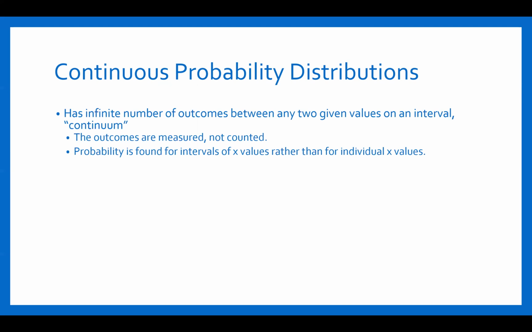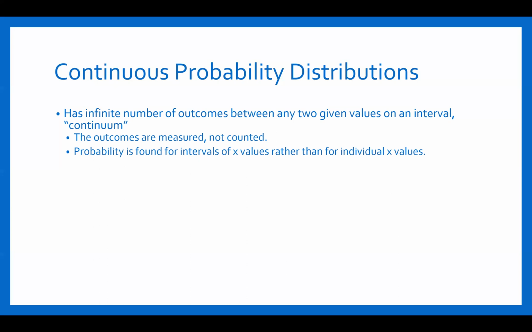I always picture a ruler with the increments broken down. We can have half inches, quarter inches, an eighth, a 16th, a 32nd.